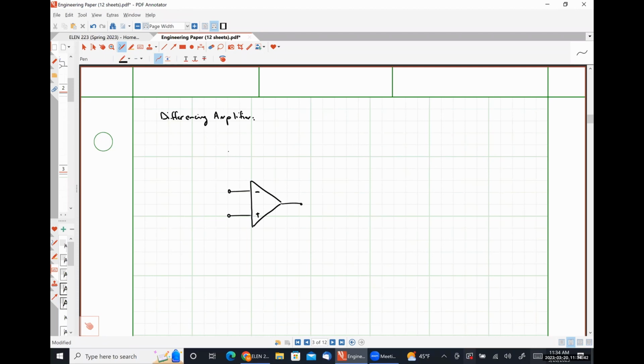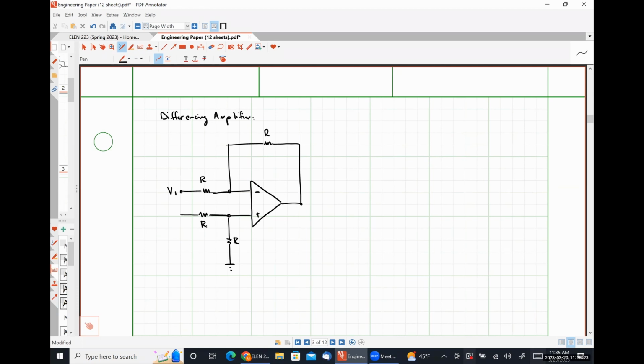So we have our feedback resistor. I'm just going to call this R. A resistor here connected between the inverting input terminal and our input signal V1, also R. We're going to have a resistor here, also R, between the non-inverting input terminal and ground.